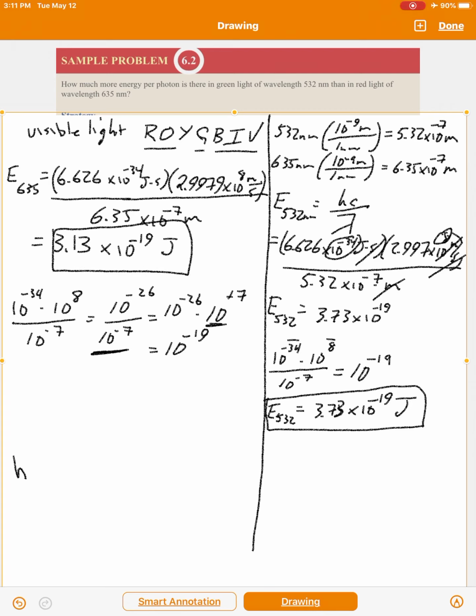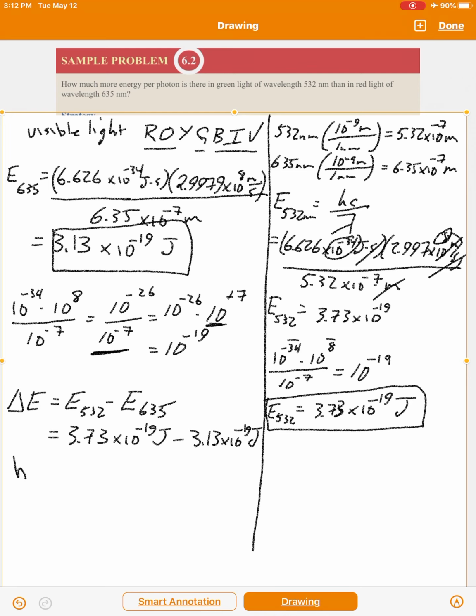Now, these numbers are small enough that we can do this calculation here. The difference in energy between the two would be the energy of the 532 nanometer photon minus the energy of the 635 nanometer photon. So this would be 3.73 times 10 to the minus 19 joules minus 3.13 times 10 to the minus 19 joules.